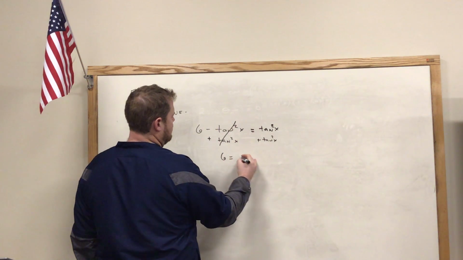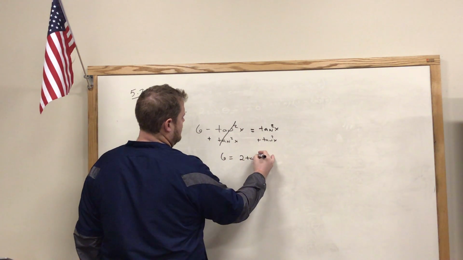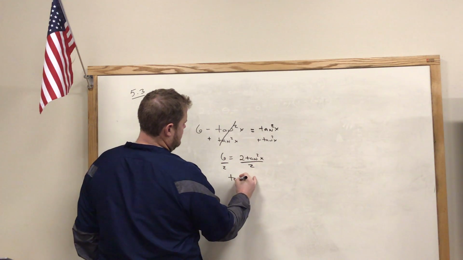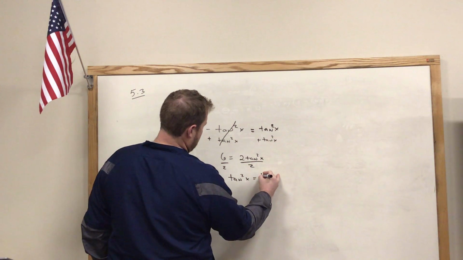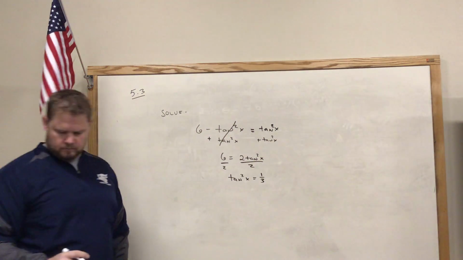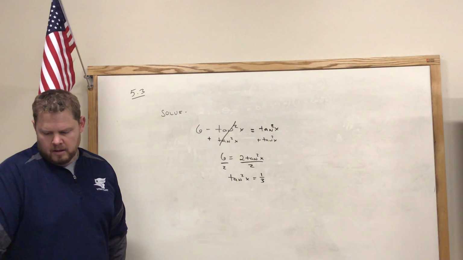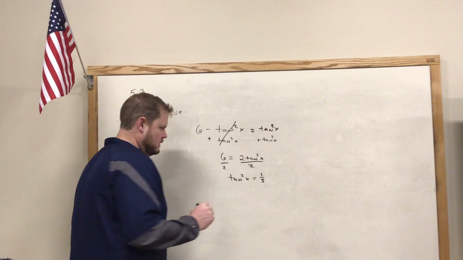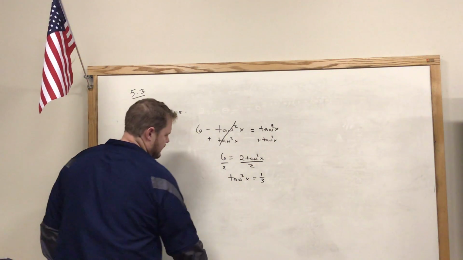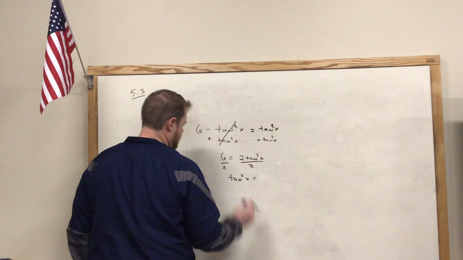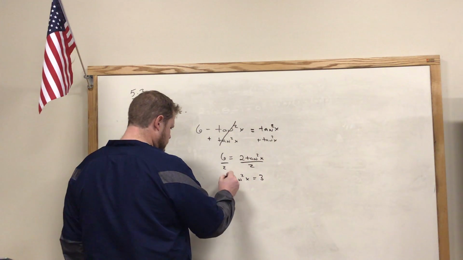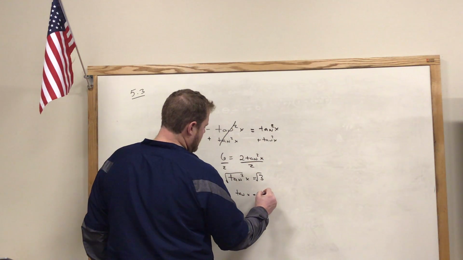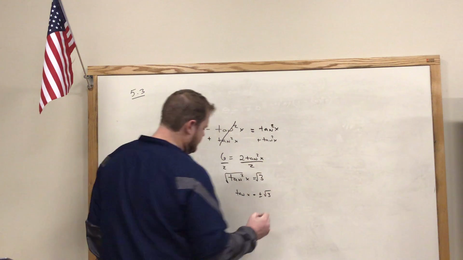Cancel. 6 equals 2 tangent squared x. Divide by 2, tangent squared x equals 3. I'm sorry, not 1/3, 3. Man, I reversed it. Square root: tan x equals plus or minus the square root of 3.